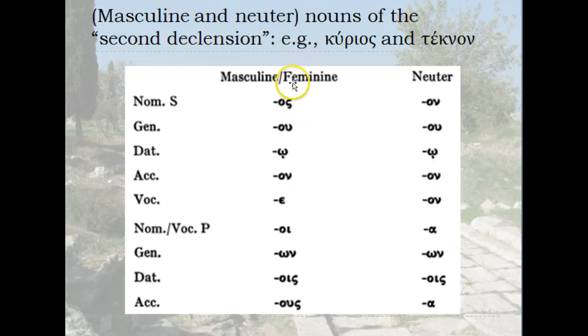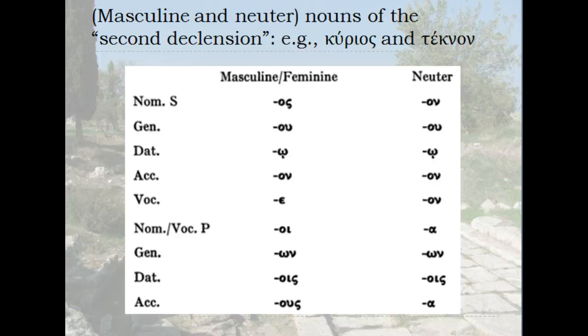It says feminine here at the top of this particular chart, but there are in reality very few feminine nouns that follow this pattern. So once again, I would urge you to learn these endings and memorize them so that you associate the oo ending with the genitive singular, the o ending with its iota subscript with the dative singular, the ois ending with the dative plural.